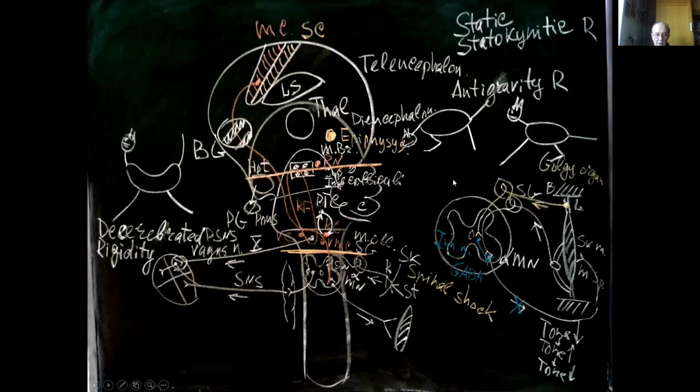Above the midbrain is the diencephalon. You see, this is the localization of the diencephalon, and it includes the thalamus. The thalamus helps to conduct the information from the spinal cord to the cortex, to the different parts of the sensory cortex.